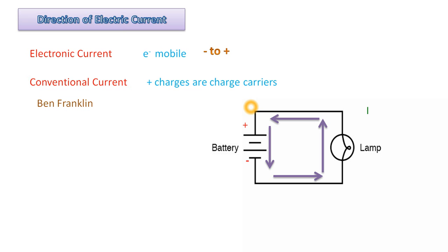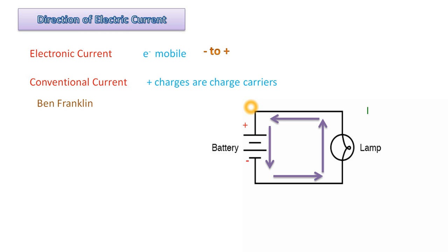So, as per Franklin, it was not electrons, rather the positive charges that are charge carriers. That means whichever direction the positive charges are flowing, that should be the direction of electric current. He stated that the current direction should be the direction in which the positive charges are moving in the external circuit.